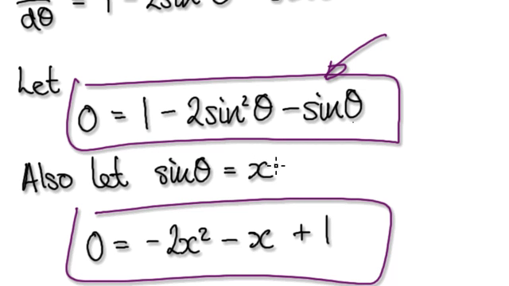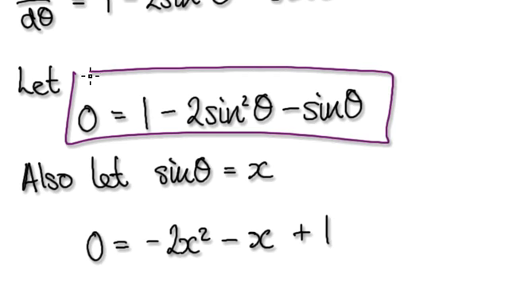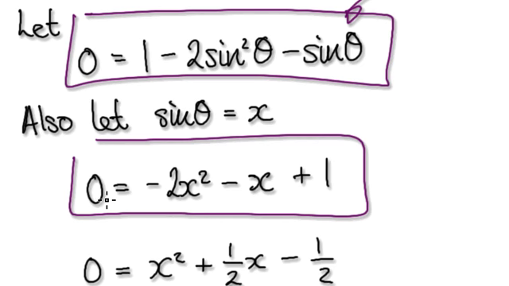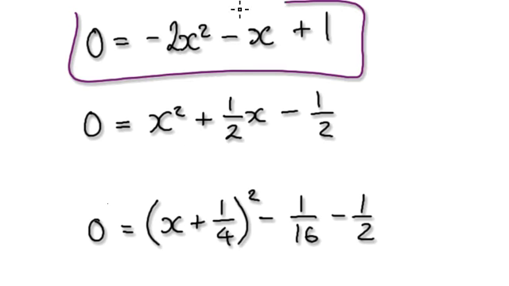Just concentrate on solving for x for the time being, and once we've got x, we can turn it back into theta. Let me start again. This, as it stands, is too complicated to solve. Turn it into this. Now use whichever method you want to solve this quadratic equation.